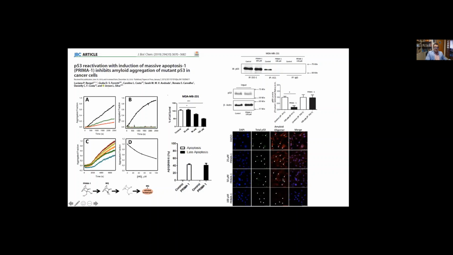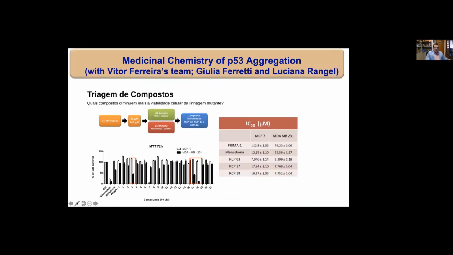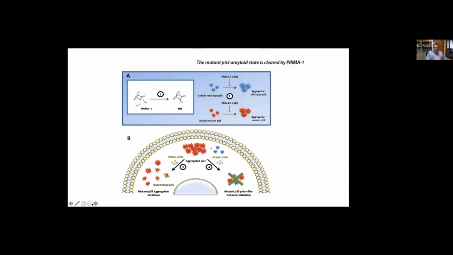In this experiment by Julia Ferretti and Luciana Rangel, it was very clear that when we do immunoprecipitation with A11 and treat with Prima-1, there is no p53 in the aggregate. So we recover the soluble state of p53. Clearly, Prima-1 inhibits aggregation.